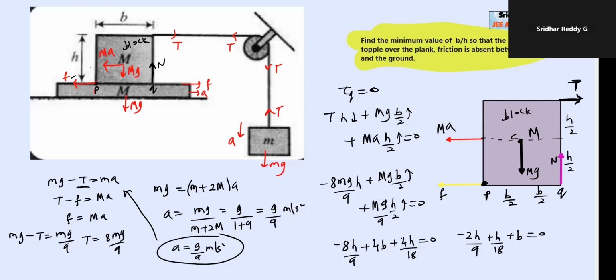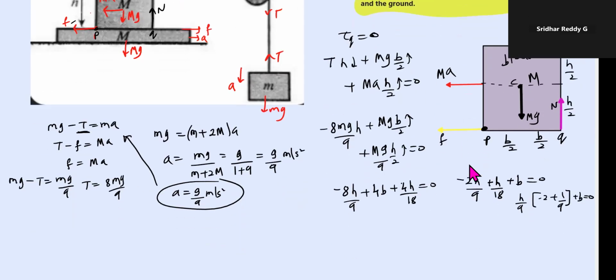We have to simplify for h by b. 9 I'll take common. h by 9 times minus 2 plus 1 by 2. Calculation.